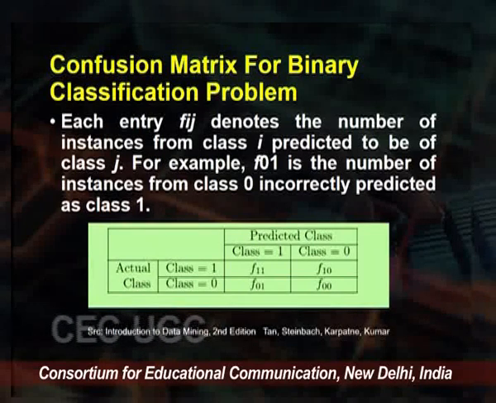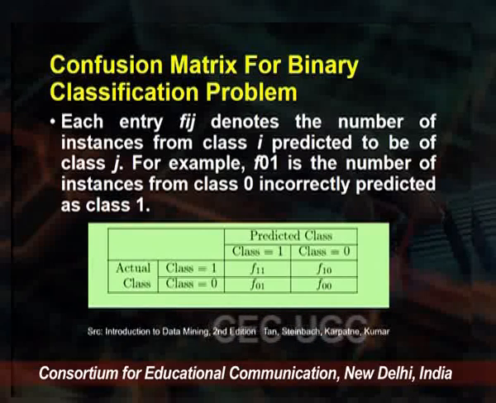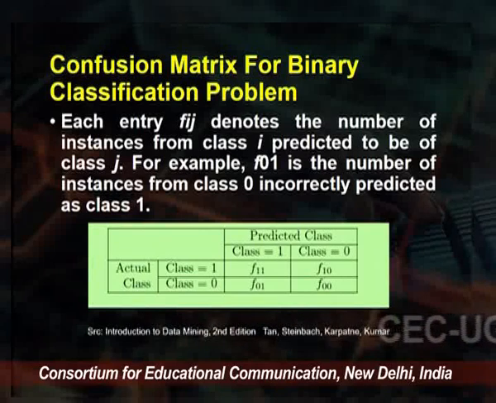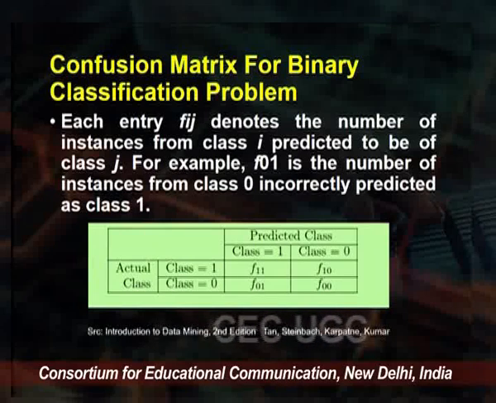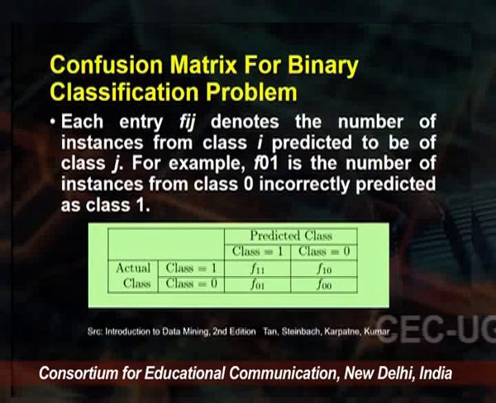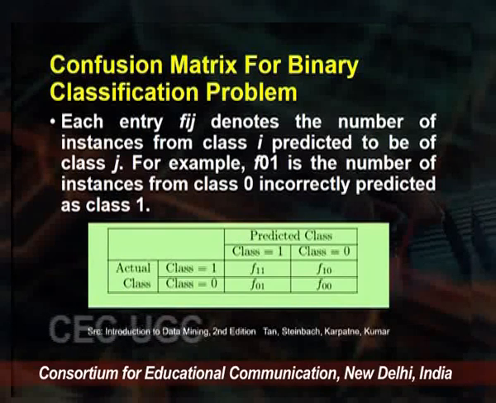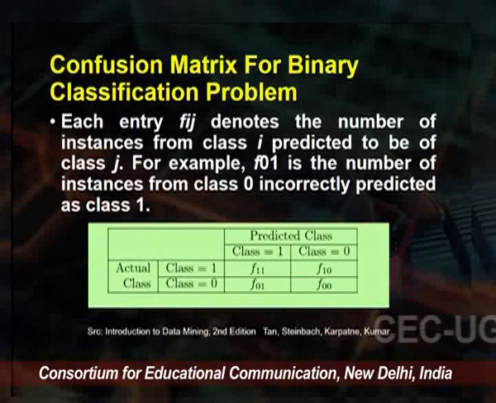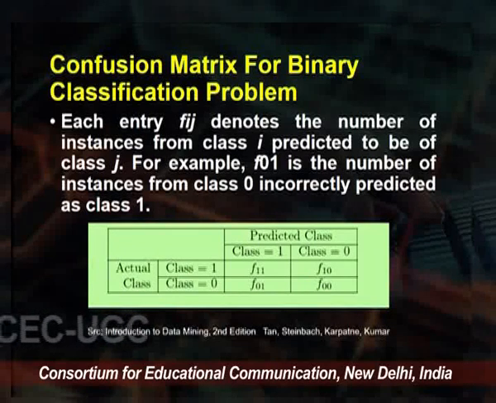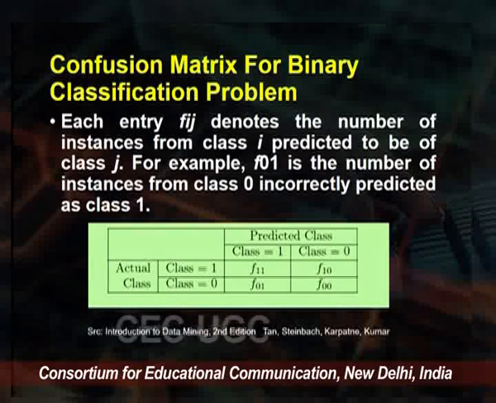So F00 and F11 are the correct predictions, whereas F01 and F10 are incorrect predictions of the model. Here we are talking about a binary classification problem. What is a binary classification problem? One in which only two classes can be defined, either class 1 or class 0 or any other class for that matter. So the instance will belong to either of the two classes only, right.